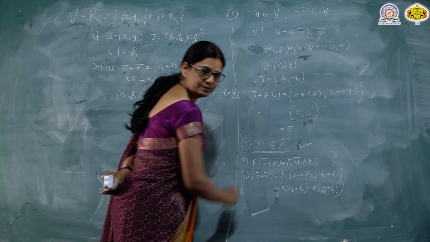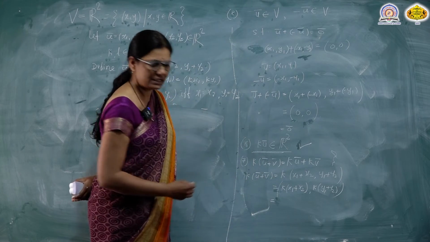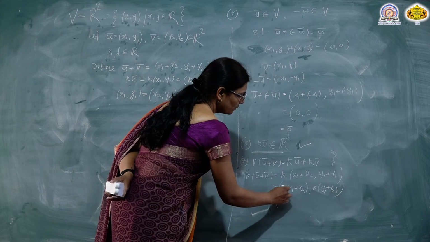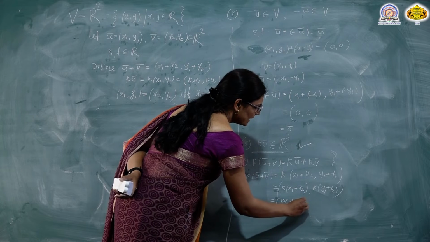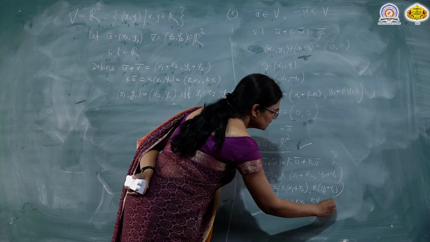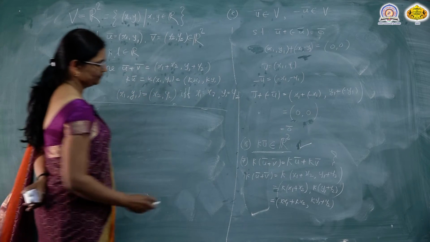Now all these are real numbers, so by the distributive property, this can be written as (k x1 plus k x2, k y1 plus k y2).